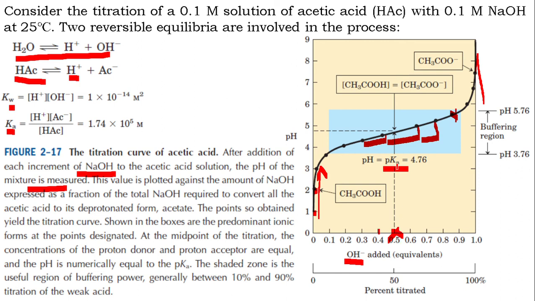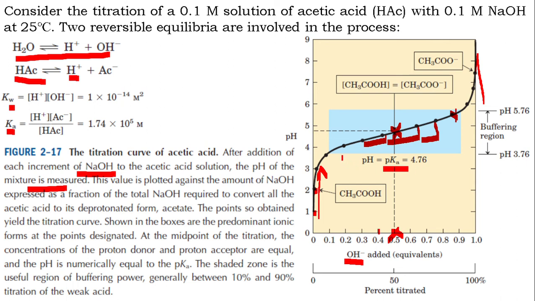The corresponding value of pH is used for the calculation of pKa. pKa is equal to minus log Ka. At this pKa, that pH is noted down. In this case, the pH is 4.76.